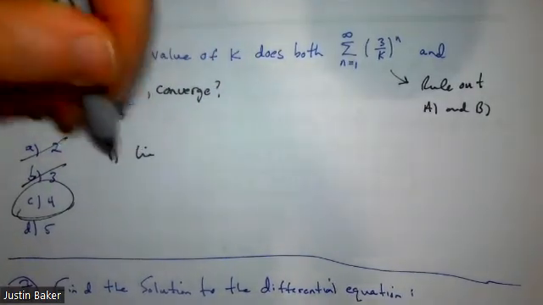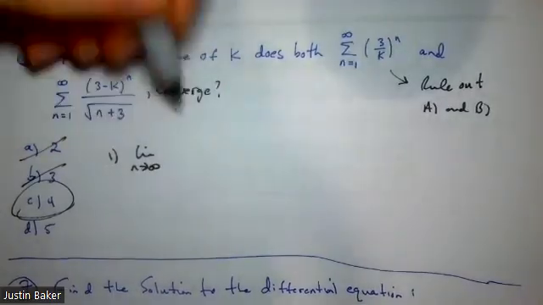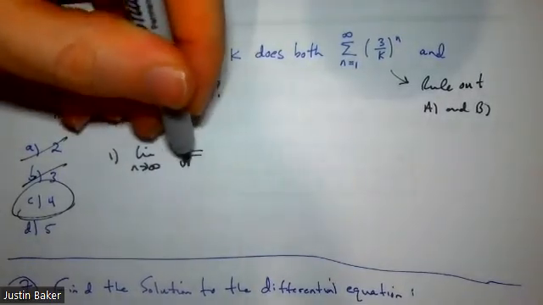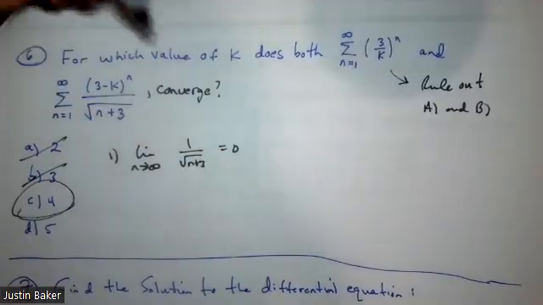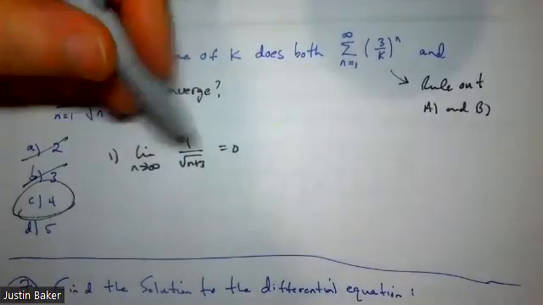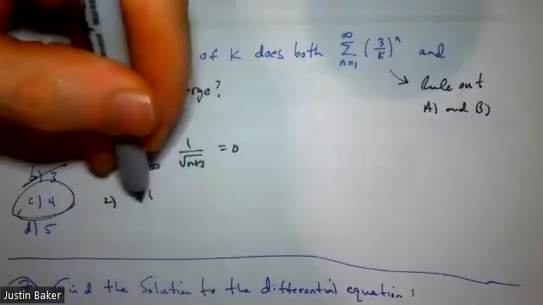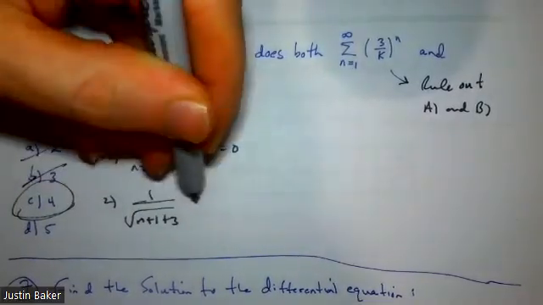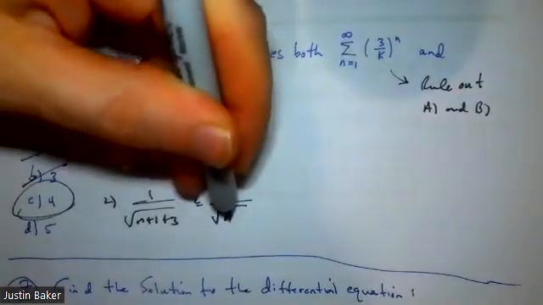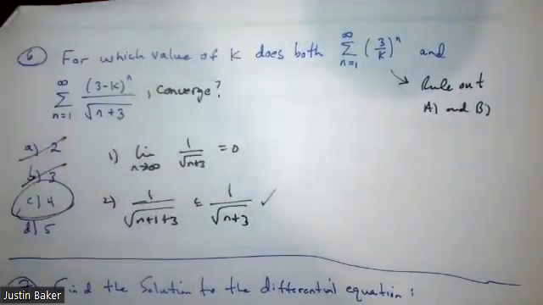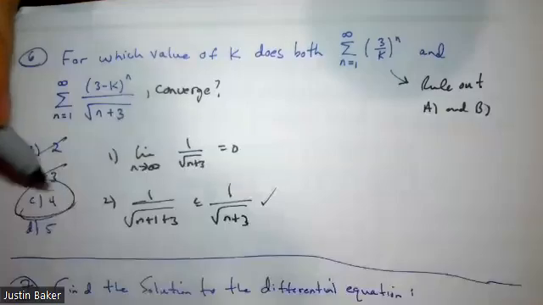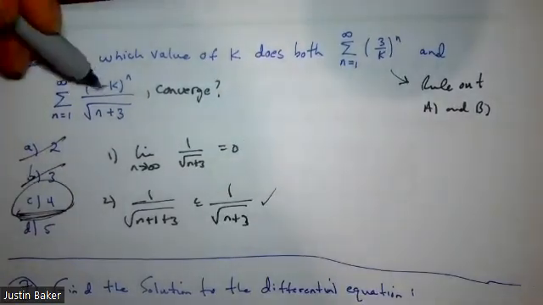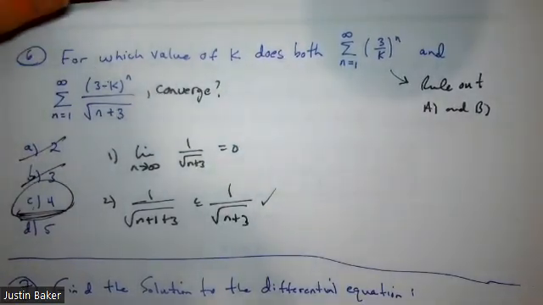The limit as n goes to infinity for 1 over root n plus 3 is equal to 0. And then with the second rule, 1 over root n plus 1 plus 3 is less than 1 over root n plus 3. But the whole key to this is in order to make an alternator out of this, you got to put a 4 up there.